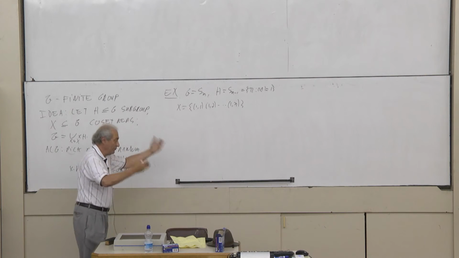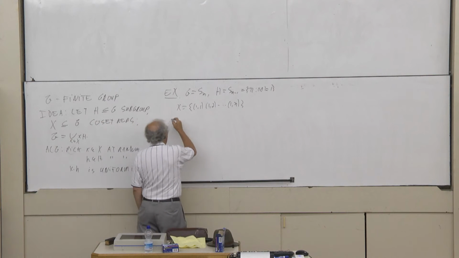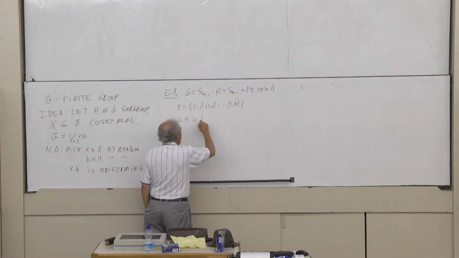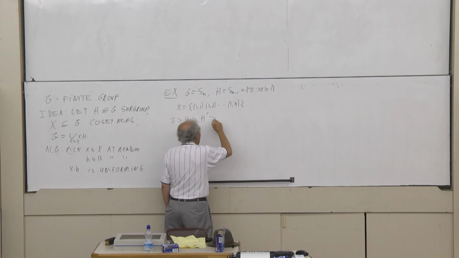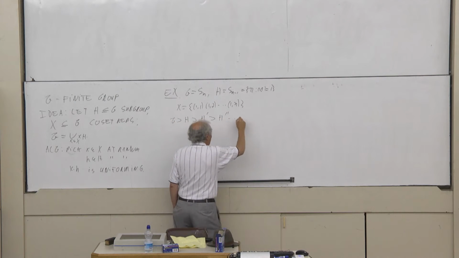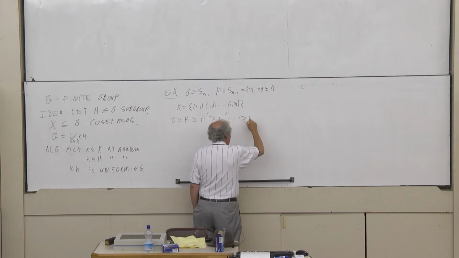Now you can use induction. More generally, if you have G contains H, contains some other subgroup H double prime, and keep on going down, contains H to the K, contains the identity.